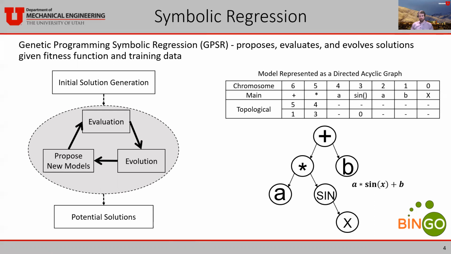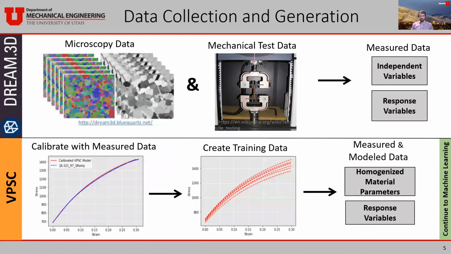As a general reminder, the goal of this project was to develop a stress-strain model using texture. And we used EBSD data to gain insight into the microstructure of a material sample or specimen. Dream3D was used to process that data and provide grain size and texture of that specimen.